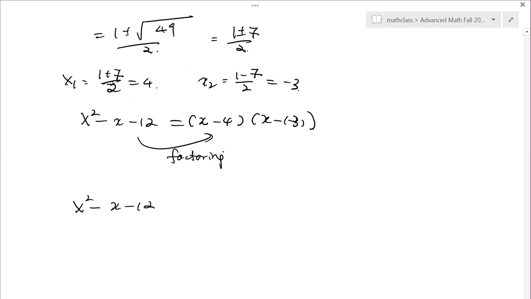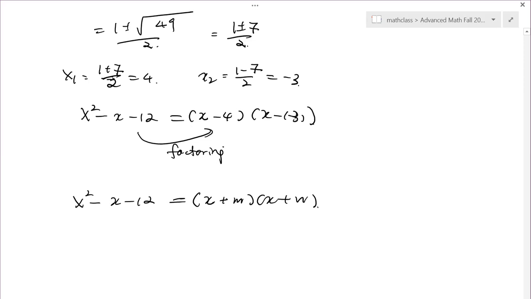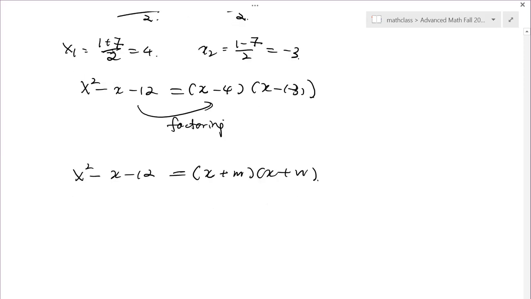Okay. So my goal is to express this in the form of a product of two linear terms. Okay.